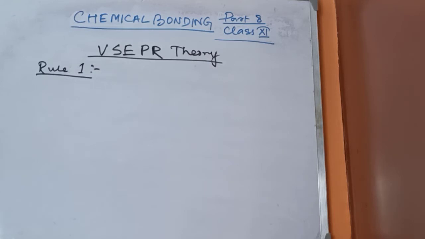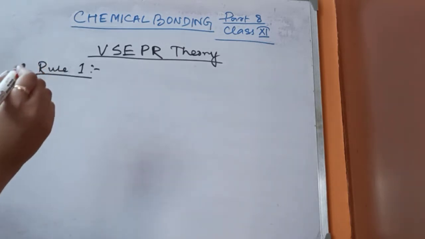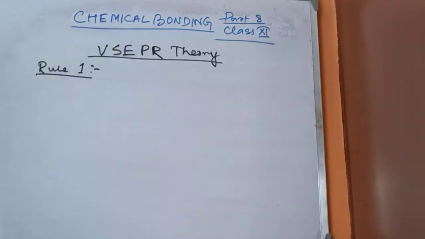Rule 1 states that the shape of the covalent molecules will be depicted by the valence electron pairs present on the central atom. Now, I will come up with certain examples. Before that, I'll just show you a chart. I'll show the chart this side and that side I'll explain.